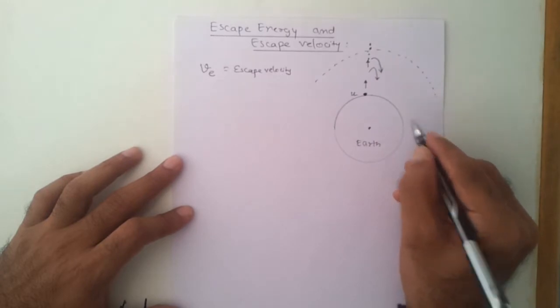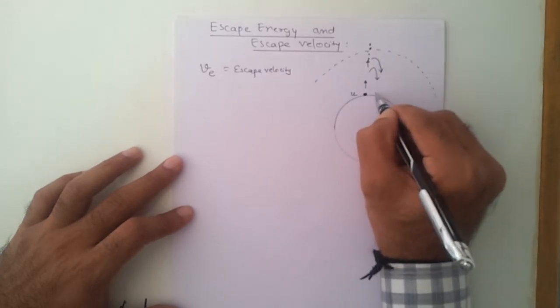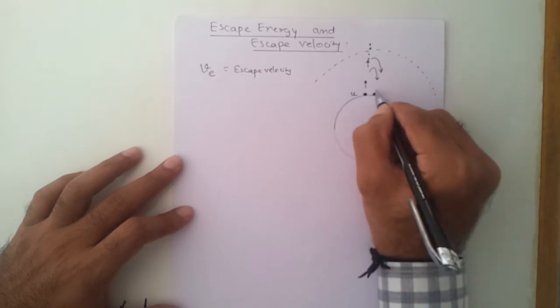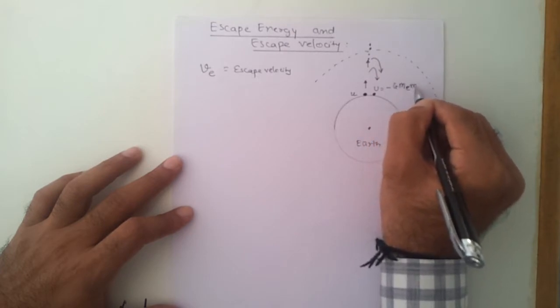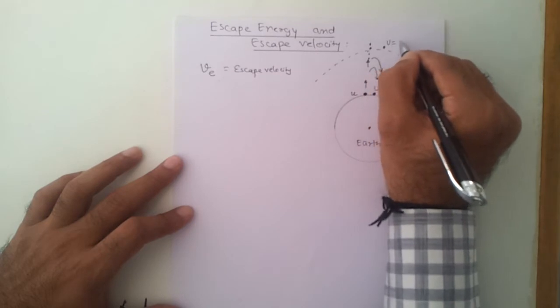Right? Now we know that when an object is lying on the surface of the Earth, its potential energy U is minus G Me m upon Re, and potential energy U at infinity is 0.